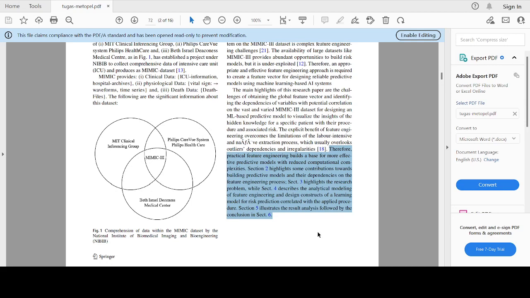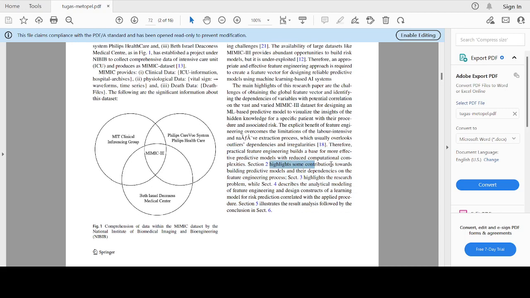Therefore, feature engineering builds a base for more effective predictive models with reduced computational complexities. Section 2 highlights some contributions towards building predictive models and their dependencies on the feature engineering process.